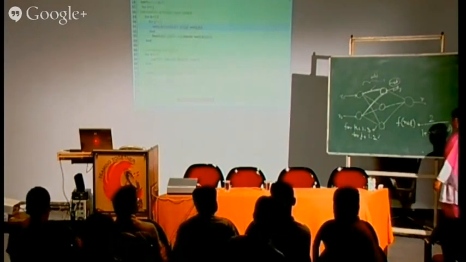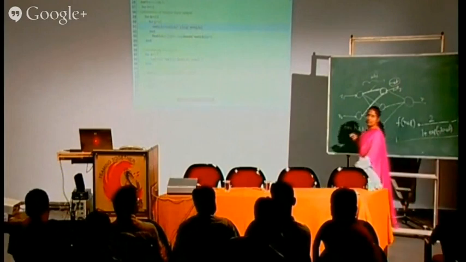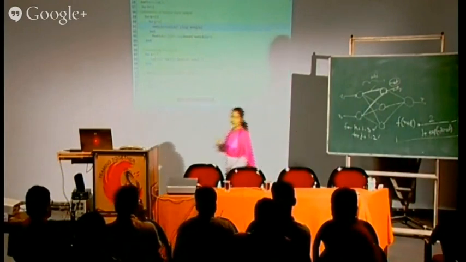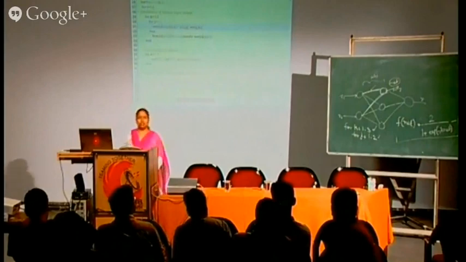This is the function we are using, the activation function. The sigmoidal activation function is given by 2 upon 1 plus exponential of minus lambda into net. Net is what we calculated earlier, which is the product of the inputs and the set of weights.